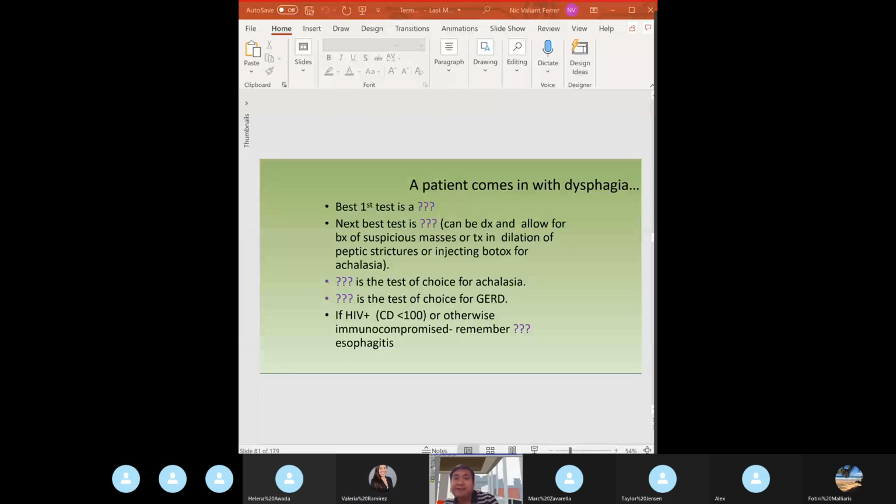This is definitive, right? Because for barium swallow, it can either be a stricture. Would it be manometry? Good job. So esophageal manometry.